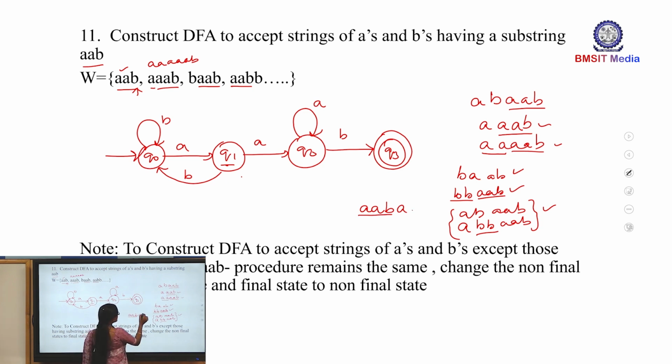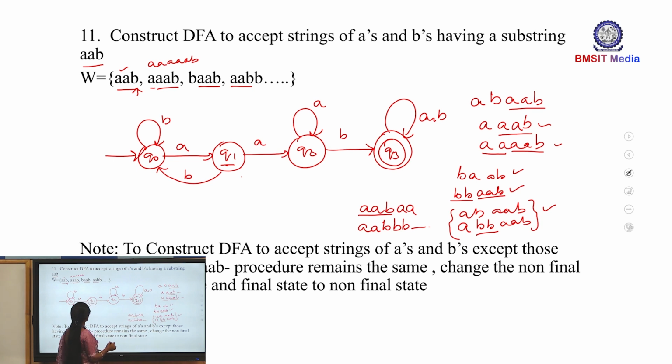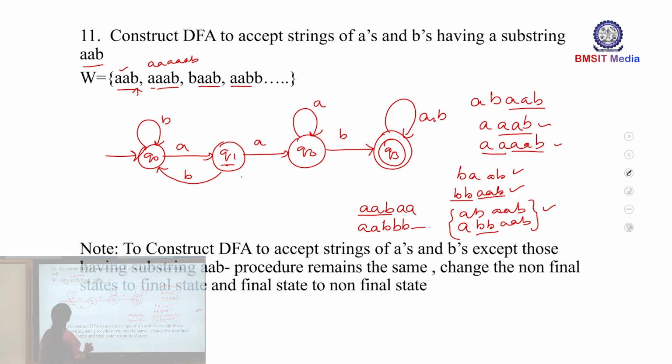What happens if I see 2 A's? This should also be a valid string. In case of A, what happens if I see a B? AAB should be valid, followed by any number of B's. So what I can do is have a loop for A, B. This completes the problem for accepting the substring AAB.